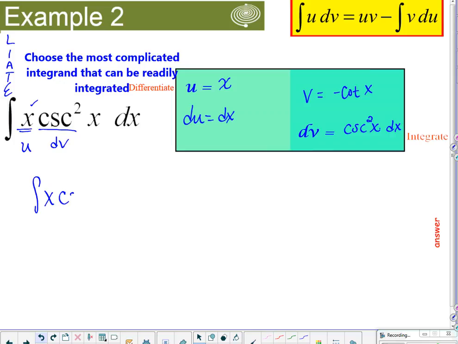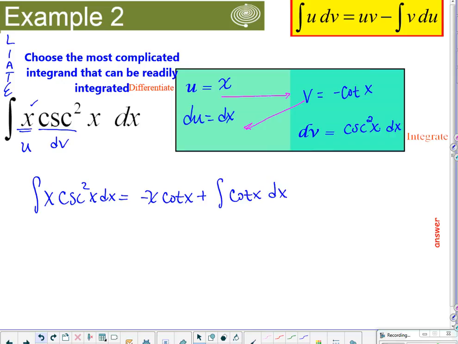The integral of x cosecant squared x dx is equal to u times v. That'll give me x times negative cotangent x minus the integral of v times du, and that's going to give me a minus, so plus cotan x dx.